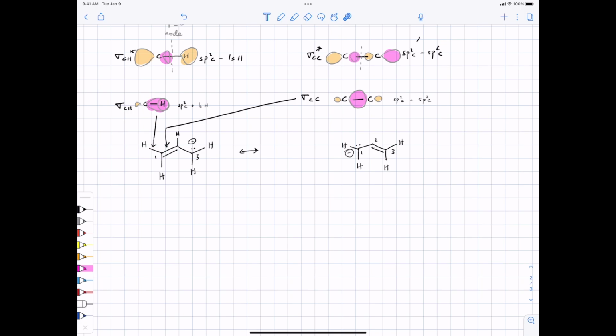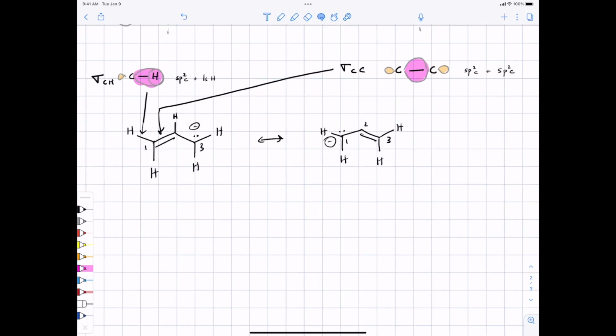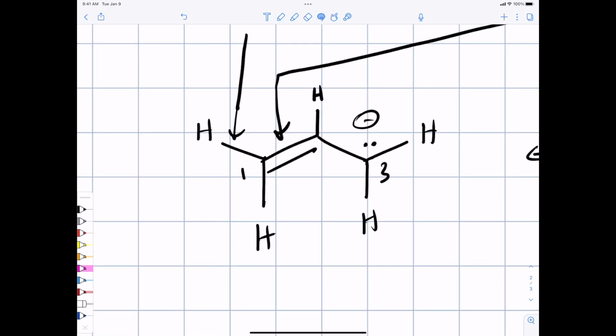Okay. Now, you've noticed that I've drawn two resonance structures here. Let's talk about that for a minute. If you were just to look at this structure, what would you be tempted to say about this atom? What kind of hybridization would you call it? You might say sp3, right?